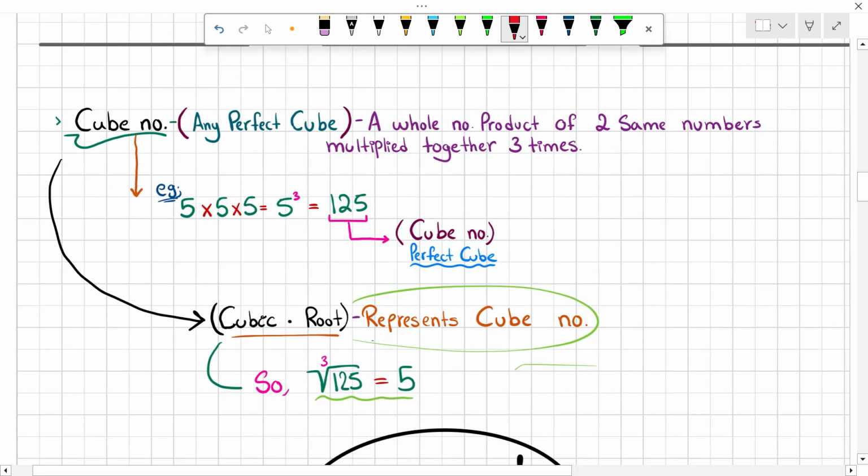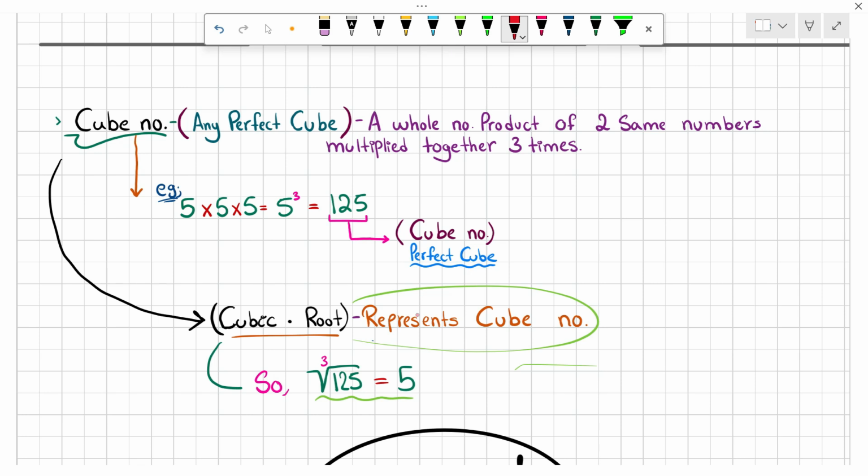A cube number is the same thing as a square number, but with 3 numbers. It's any perfect cube. This means any whole number product of 3 same numbers multiplied together. The numbers must be the same.